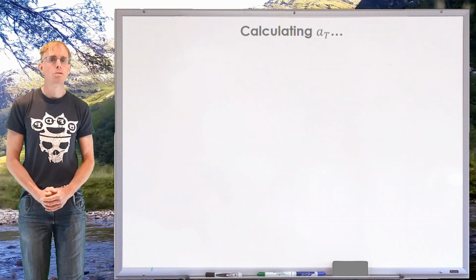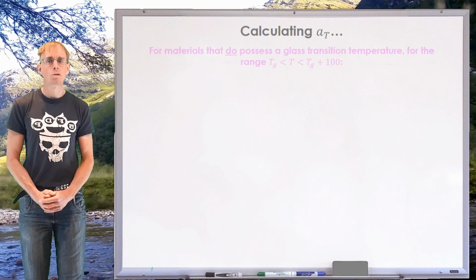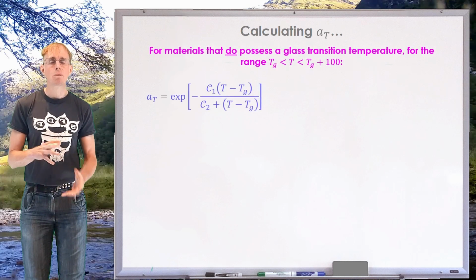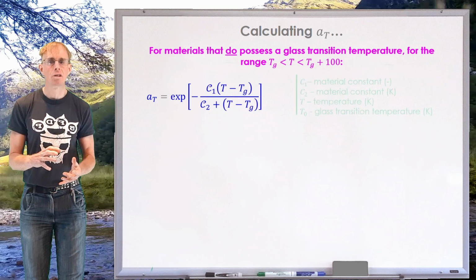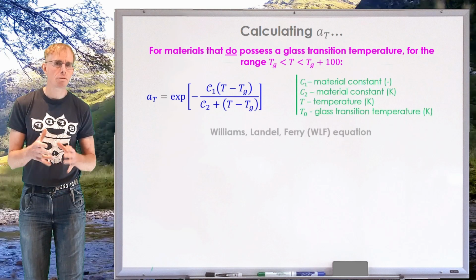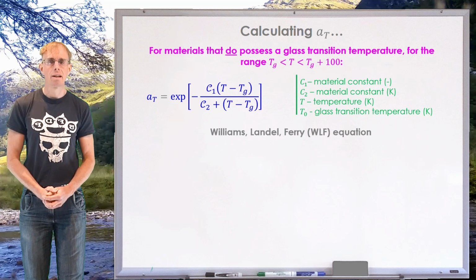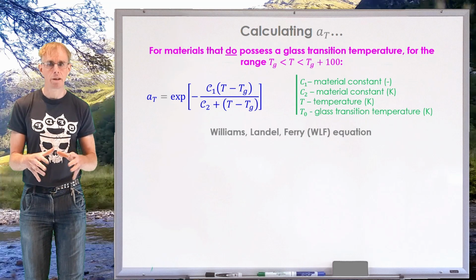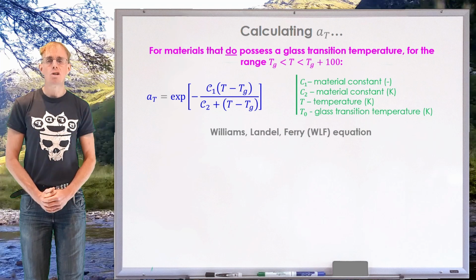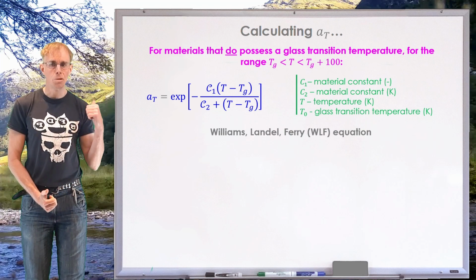For glassy polymers, we've got a slightly different approach. We've got an equation called the Williams, Landel and Ferry equation, and that will give you an idea of the shift factor over the range between the glass transition temperature and, roughly speaking, 100 plus that glass transition temperature. We're working in Kelvin here. So the Williams-Landel-Ferry equation, or WLF equation, takes the form I've put on the board there.